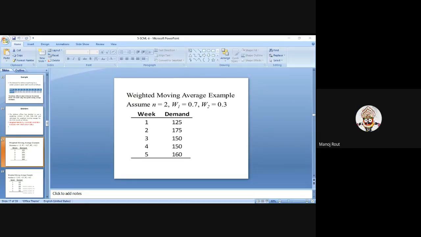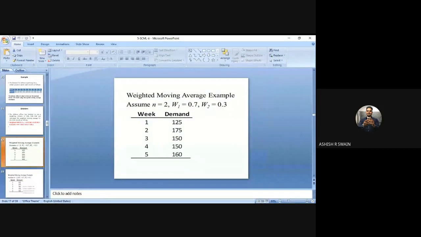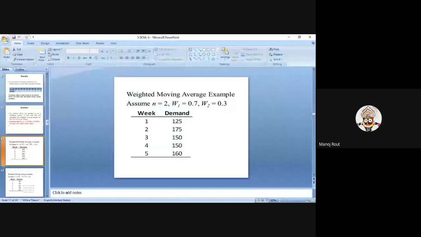So the weight W1, that is 0.7, should be multiplied to the very latest, that is 175. Yes, that's what I'm asking. So 0.7 into 175 plus 0.3 into 125. You are correct. Good. Okay, moving to the next one.